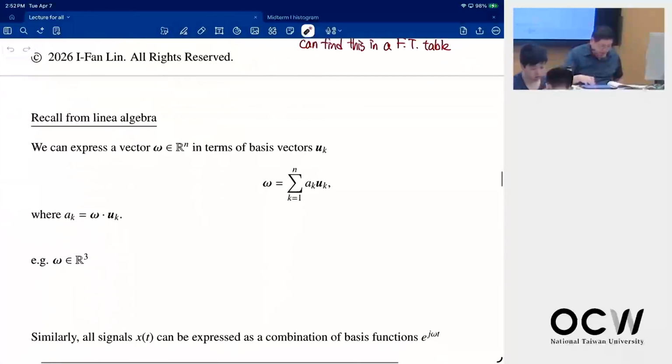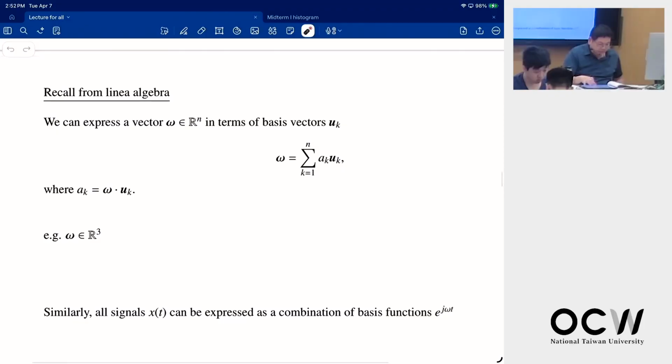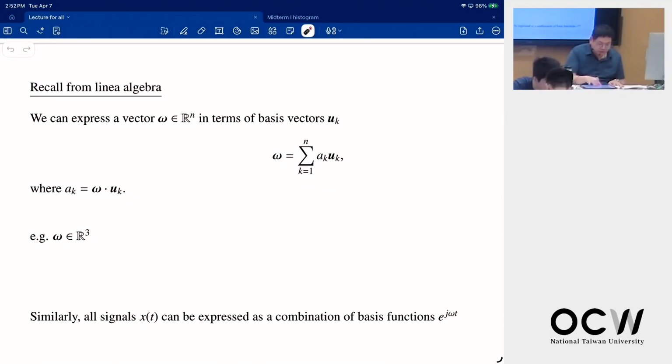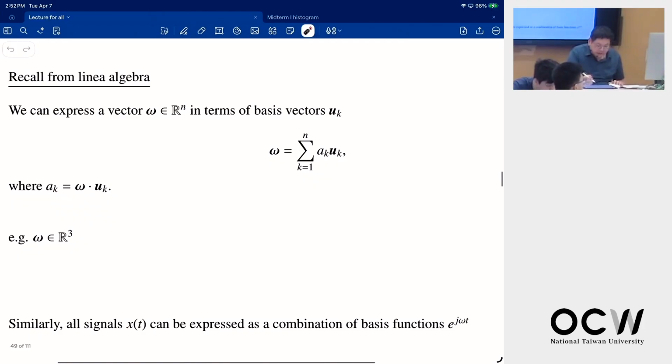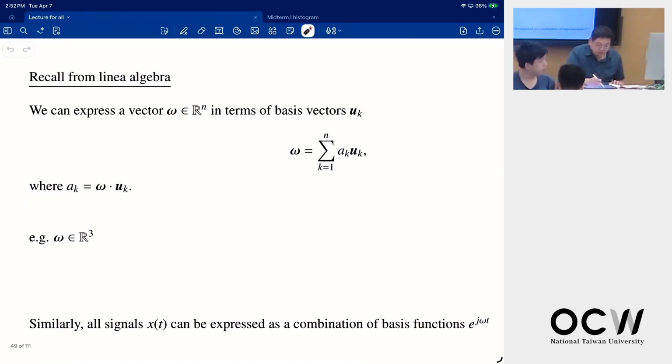All right. So for the Fourier transform here, let's have some recall from linear algebra. Actually, we can express a vector in terms of the basis vectors. So omega is a combination of all the bases times their coefficients, right? How do I get this coefficient?